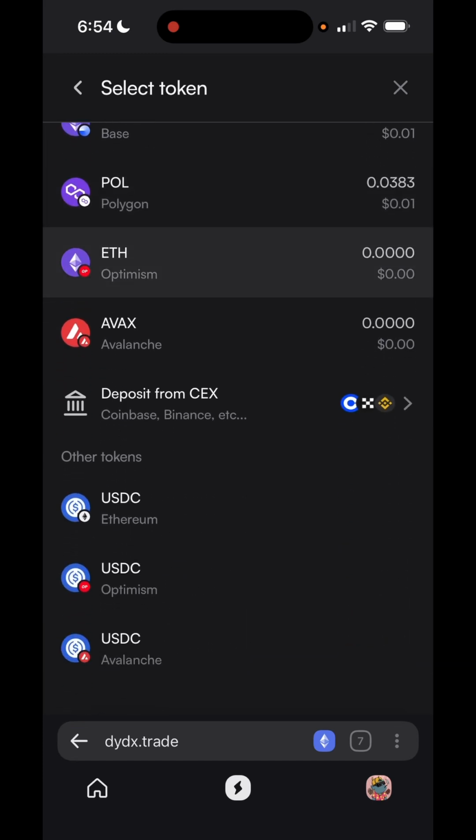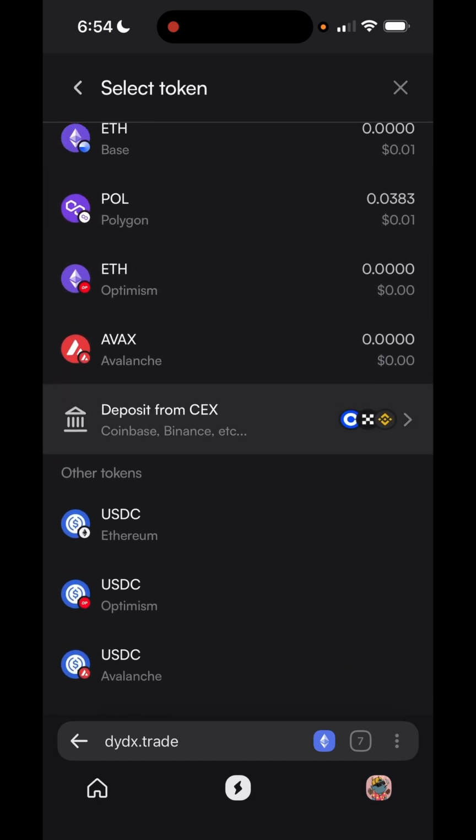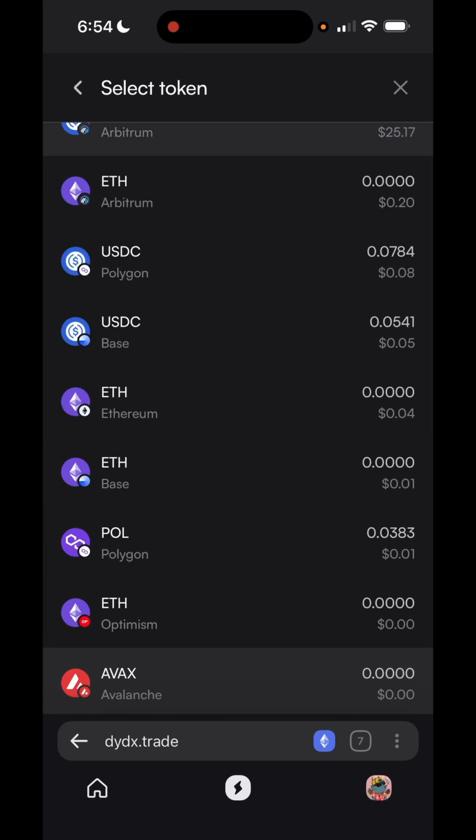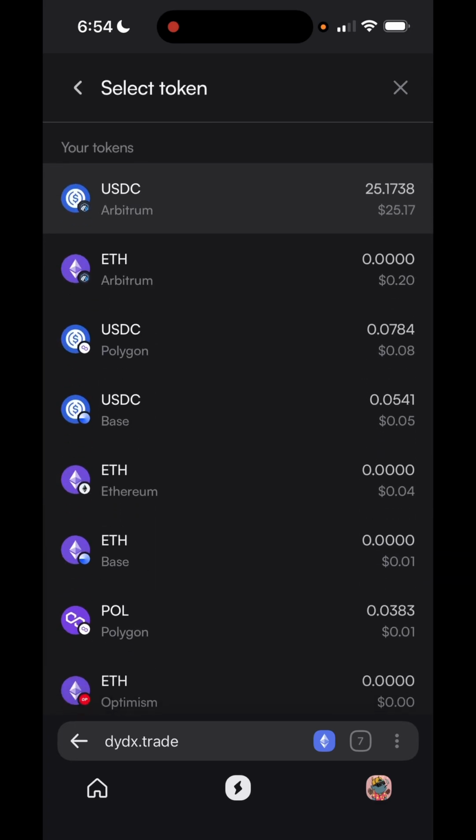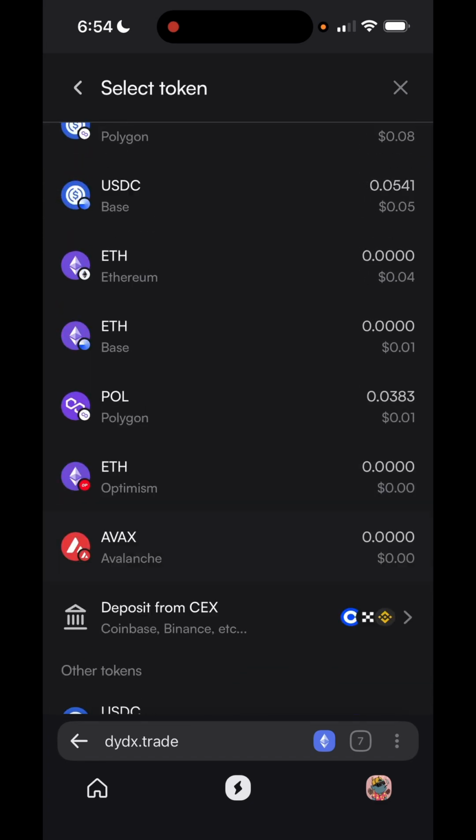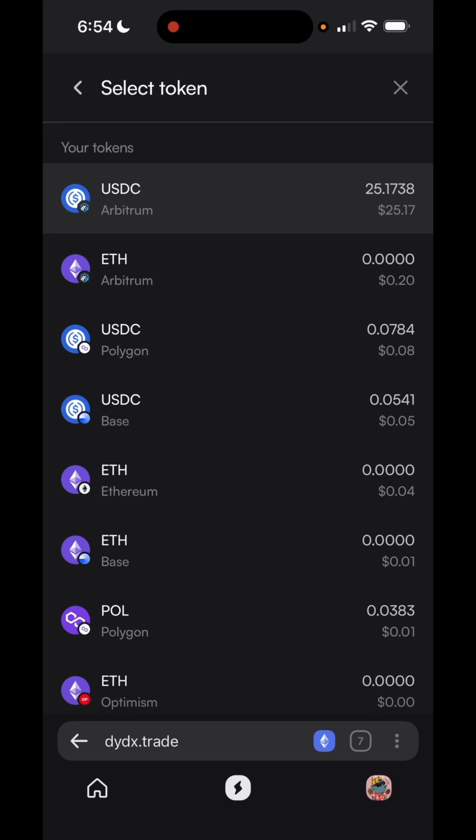So it is left for you to choose any one and fund, but the most preferred one is USDC on any of the available chains. You also need Ethereum on any of the EVM chains to pay for a little gas fee to deposit into the dYdX protocol.